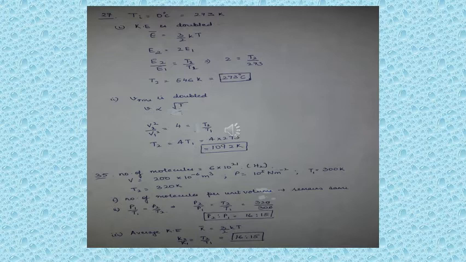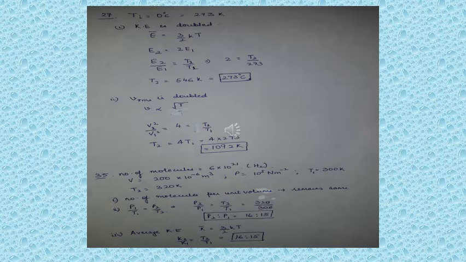The second part, the RMS velocity is doubled. Now V is equal to under root 3RT upon M. So it's directly proportional to the square root of temperature. So V1 square upon V2 square will be equal to T1 upon T2.